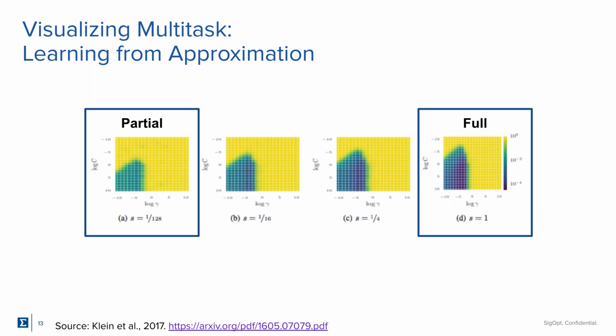So going from left to right, you see we have a very small portion of the data to 1/16 of the data set to 1/4 and the full data set itself.